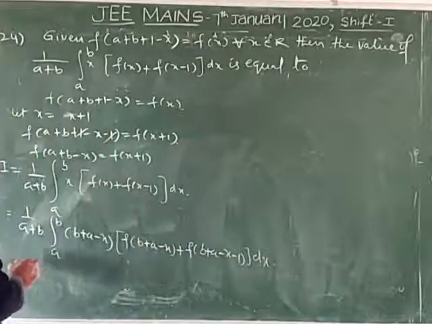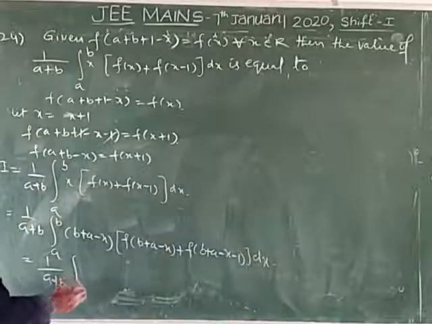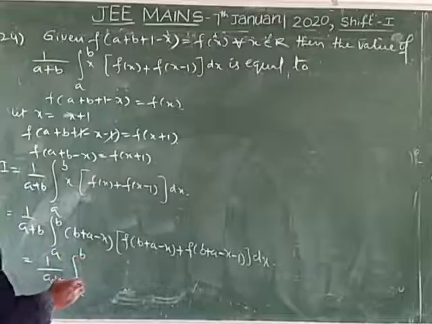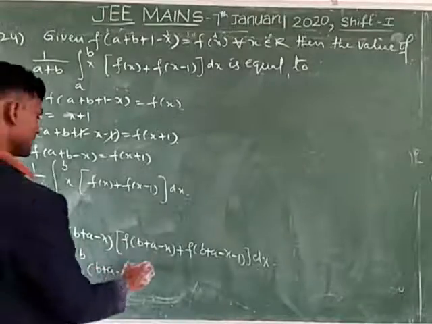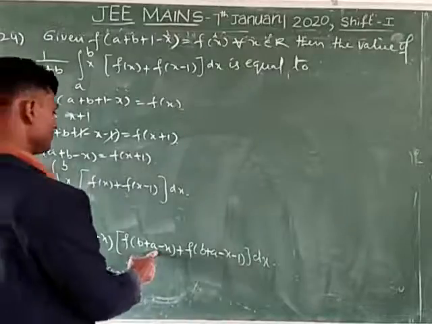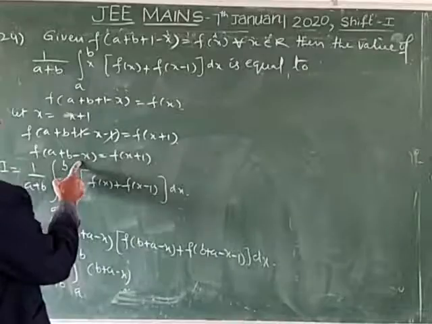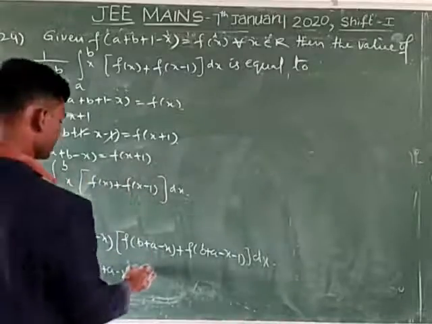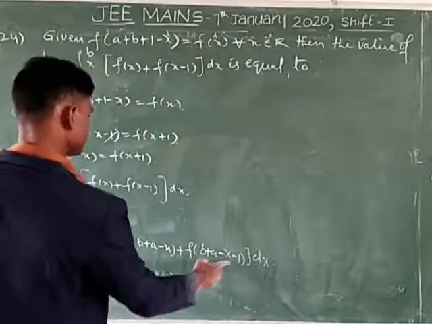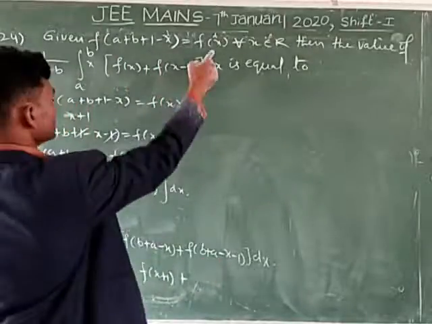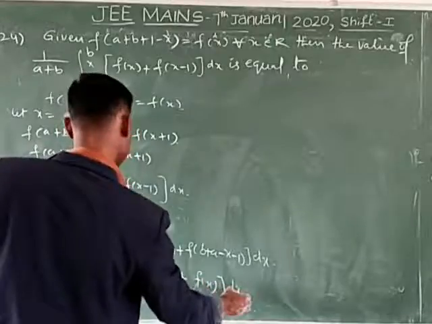Now see here, 1 by a plus b into the integral of a to b, b plus a minus x. Here f of a plus b minus x is equal to f of x plus 1, and this is f of x, into dx. This is 2.